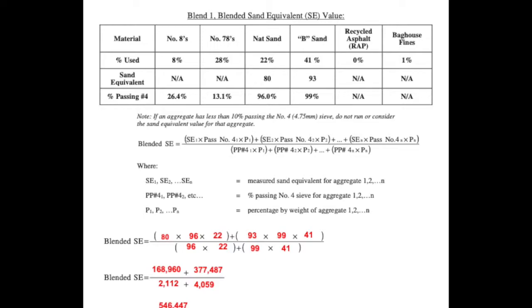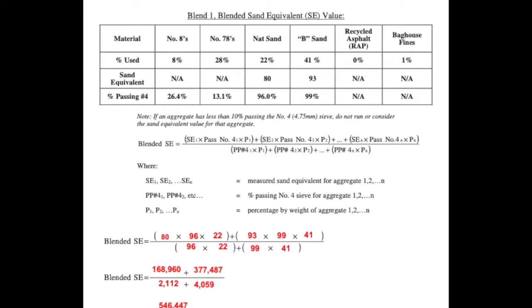We're going to multiply that by the percent passing the number 4, which you see in the table above that will be provided, which is 22% on natural sand. And P1 represents the percent of that material in this blend.